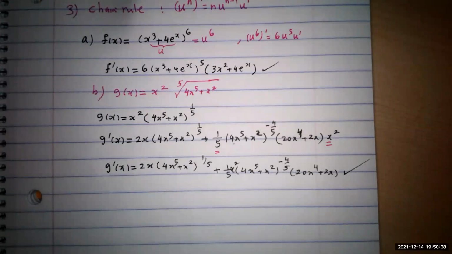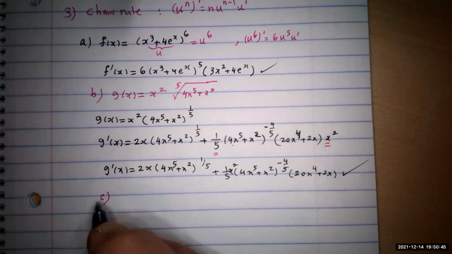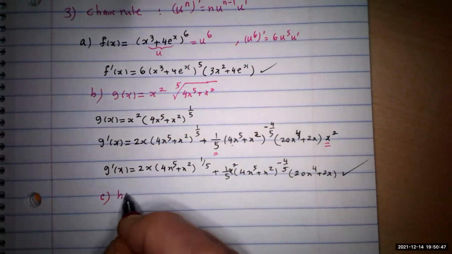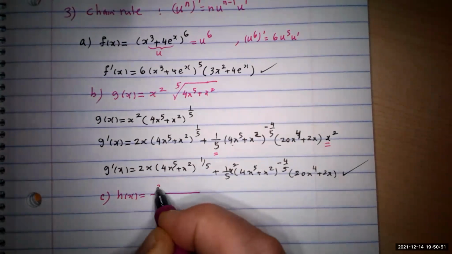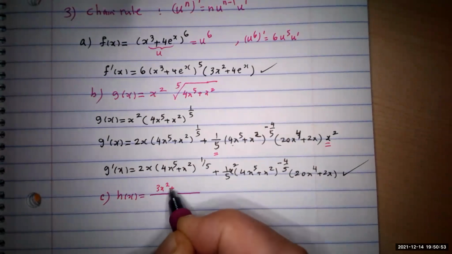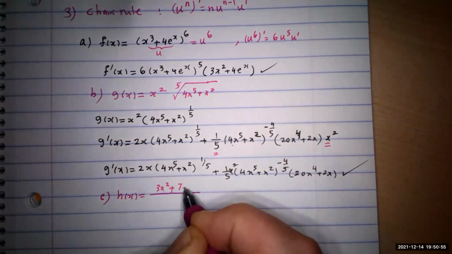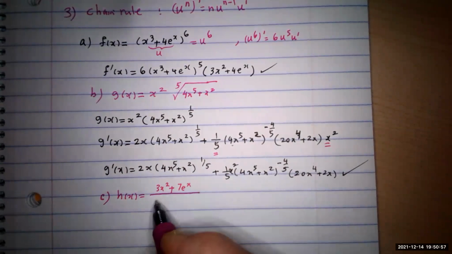We may be given the quotient, and then it's up to you. Okay, the quotient is (3x squared plus 7e to the x) over (8x plus 1) to the 4.